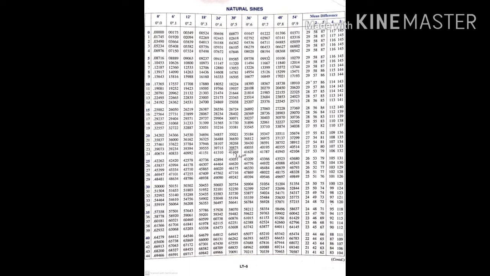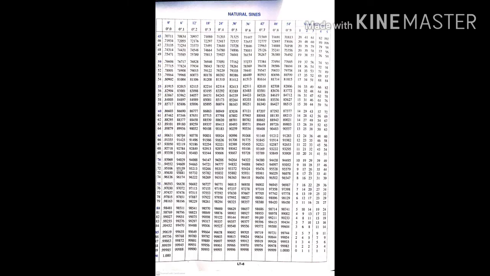Now one more thing you have to see, students, from the first page and the second page of our natural sine table: all the values from 0 to 90 degrees are gradually increasing.